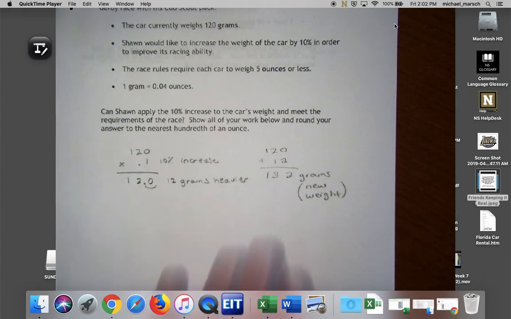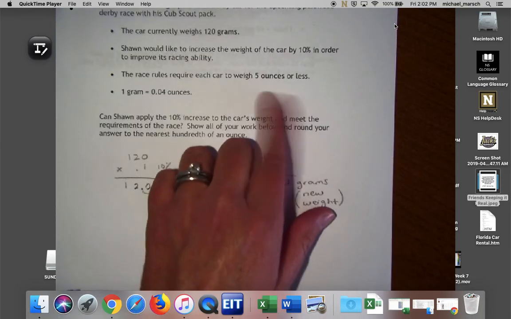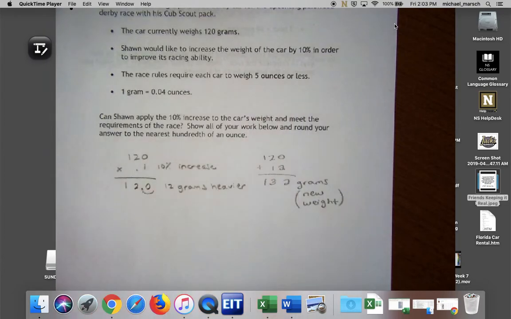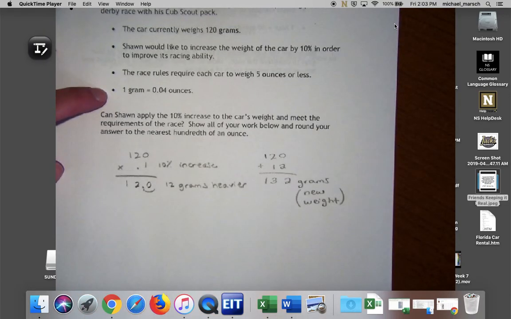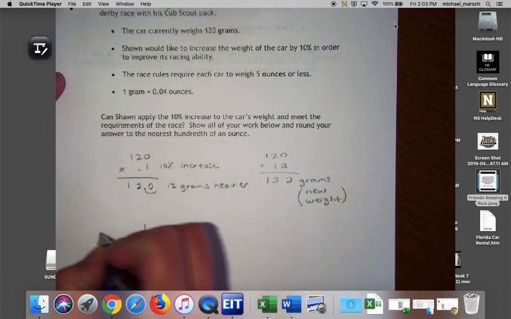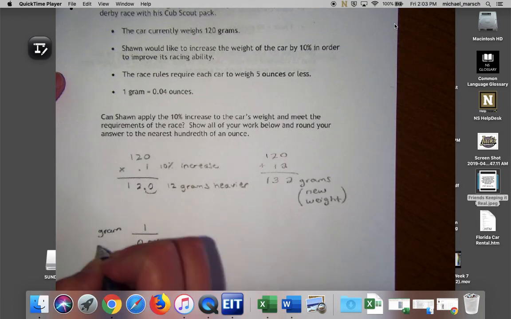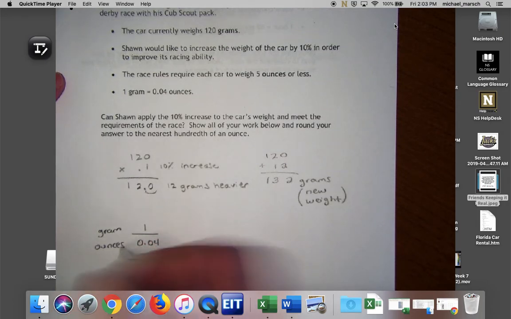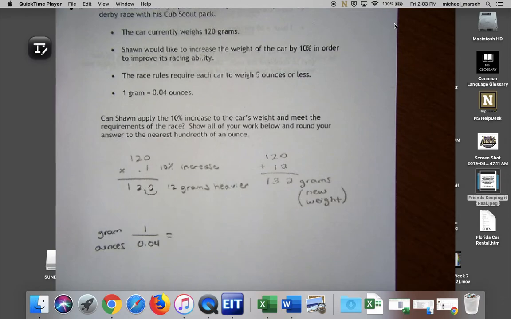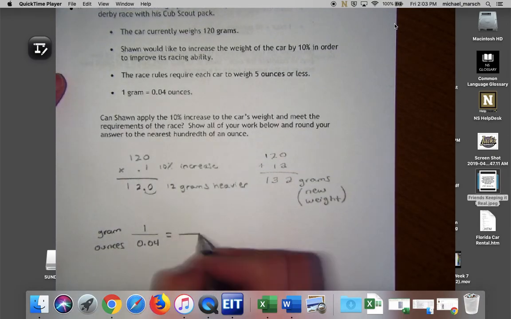Okay, so now we know how many grams his new car would weigh, but we have to convert it to ounces because that's how the race rules are written, right? So it tells us the conversion here, 1 gram equals 0.04 ounces. So let's go ahead and write that. And then I'm going to fill in the other part.